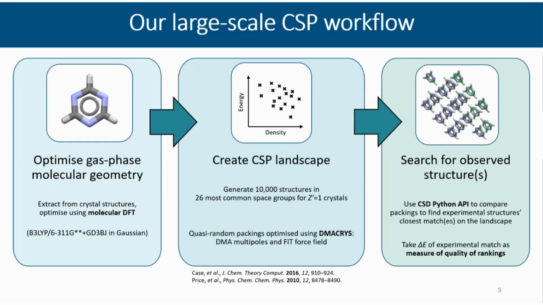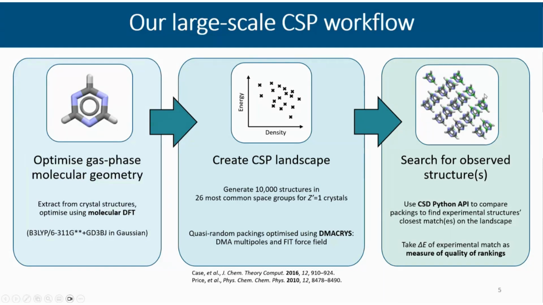Once we have generated 10,000 quasi-random packings in each space group, we then optimize these using a quite simple atom-atom energy model where we have distributed atomic multipoles derived from those charge densities to describe the electrostatics, and an empirically fitted force field to describe the dispersion and repulsion terms.